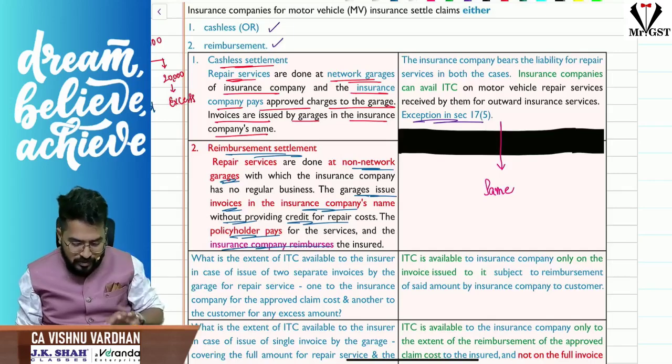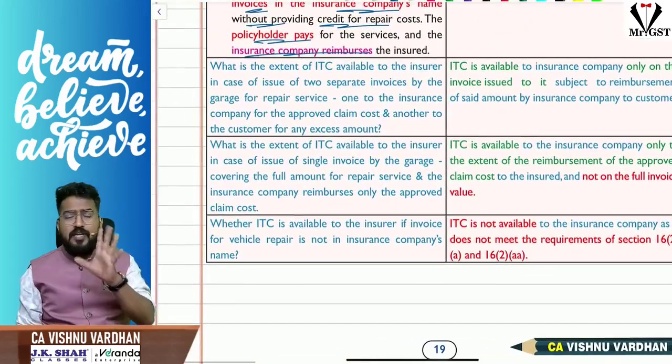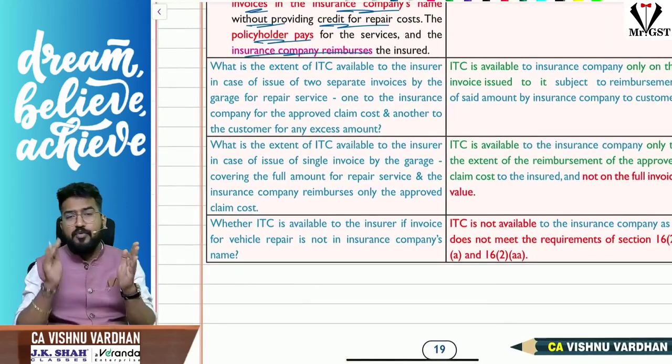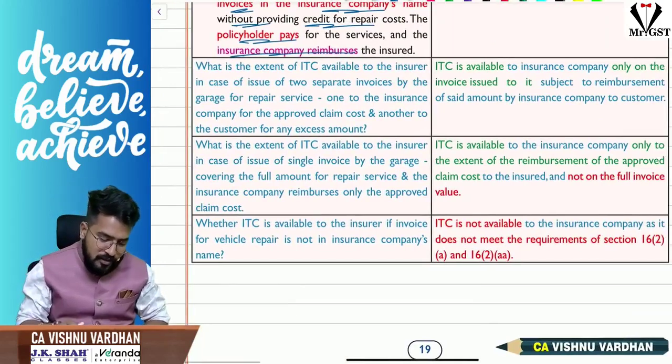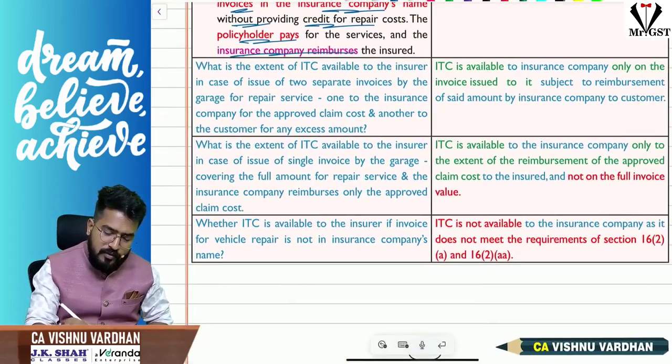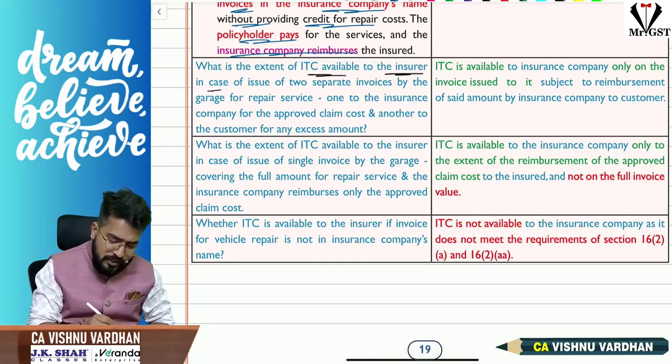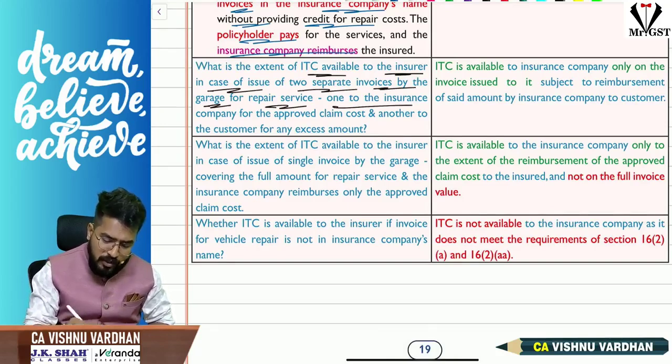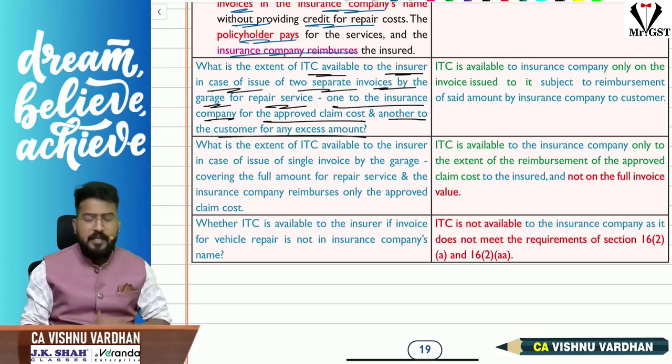Now the issue is actually, sir, as I told you, 1 lakh is the repair cost. 1 lakh is approved, 20,000 is excess. Correct? Sir, to what extent is ITC available to the insurer in case of two separate invoices by the garage for repair services, one to the insurance company for the approved claim cost, another to the customer for any excess amount.